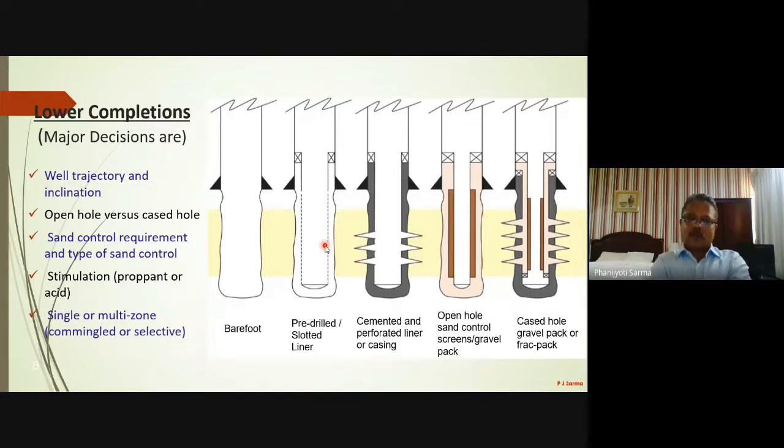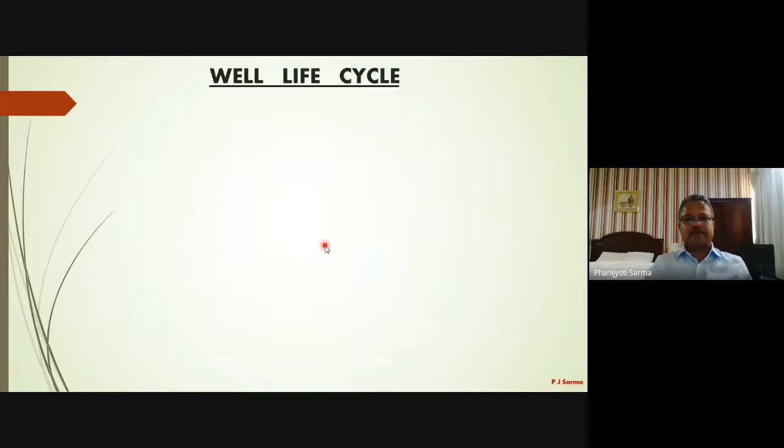Whenever there is unconsolidated sand, you need to do some sand control completion with the lower hole against the formation, called the open hole. Sometimes it could be open hole sand control, which could be screen or gravel pack, or it may be cased hole gravel pack if sand ingression is identified later after completing the well with cement and casing. So these are the general types of lower completion.